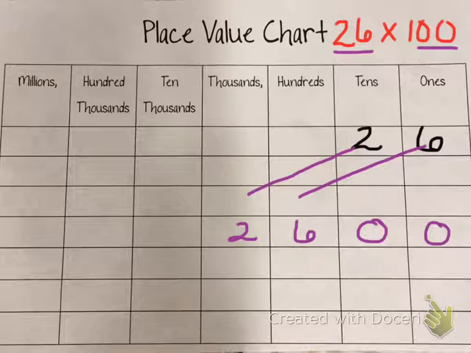Because remember, if there are no digits in the tens place or the ones place, I need to put zeros there as placeholders. So 26 times 100 is 2,600. Notice that the digits don't change. The only thing that changes is I'm adding these 2 zeros here.